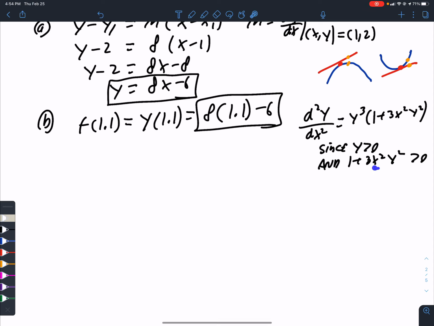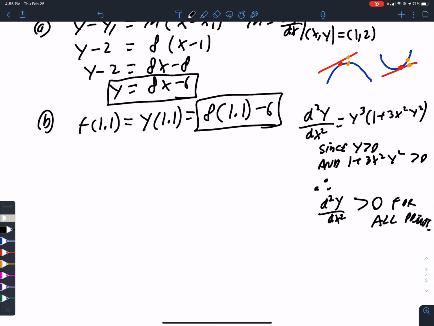Because when you square something, it comes out positive, and you add positive to it, it's going to always be positive. Therefore, the second derivative is going to be positive for all values, for all points.